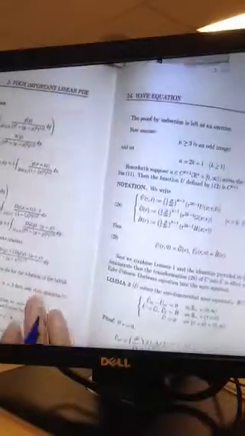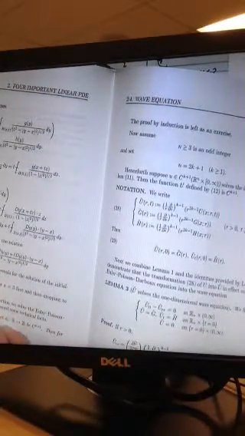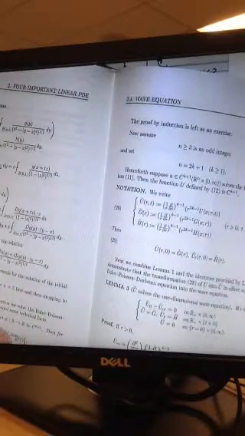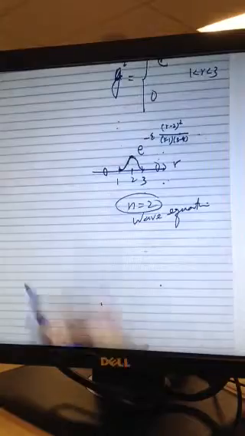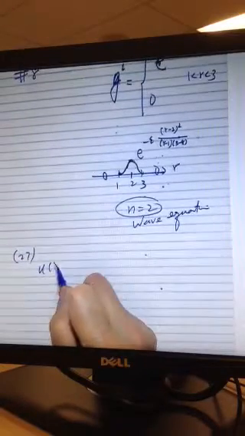Oh, it's this formula. u(x,t) equals 1/2, again this average. So this is number 8, right? Formula 27 tells us u(x,t).